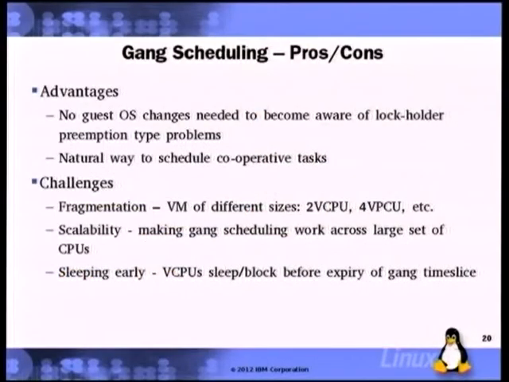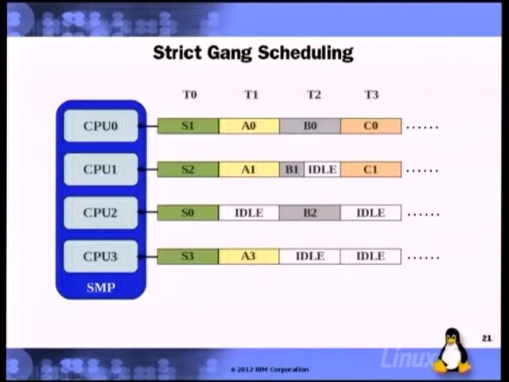Then what happens? There is also scalability, which I touched upon, and whether the vCPUs sleep or block early. Depending on how we do ganging with respect to sleeping early, it's divided into 2 types.